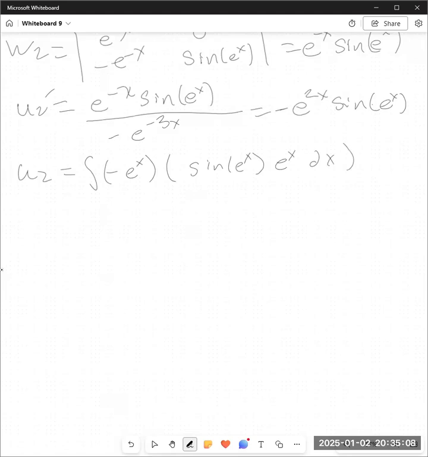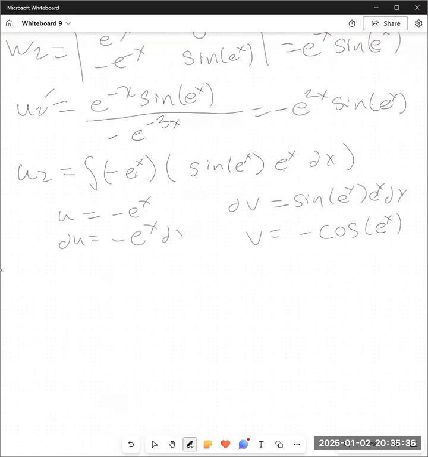I just split that e to the 2x into an e to the x and another e to the x. I say u is negative e to the x, dv is sine of e to the x, e to the x dx, which is what we just did last time. So v is a negative cosine of e to the x, and du is negative e to the x dx.